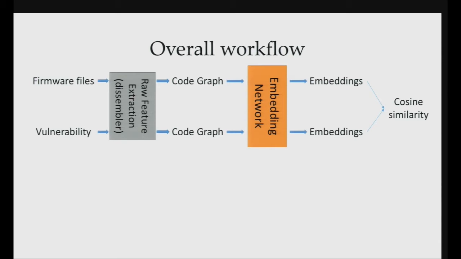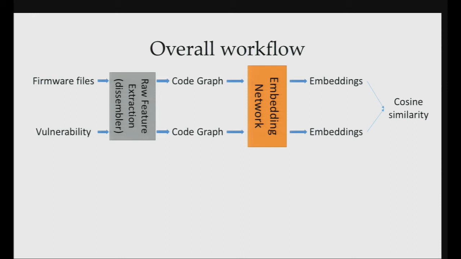Right now I start to explain our approach, and then I will explain the details of our network construction. Basically, we are given two binary codes. Maybe one represents the binary code in the firmware, and the other represents a code sample of the vulnerability.